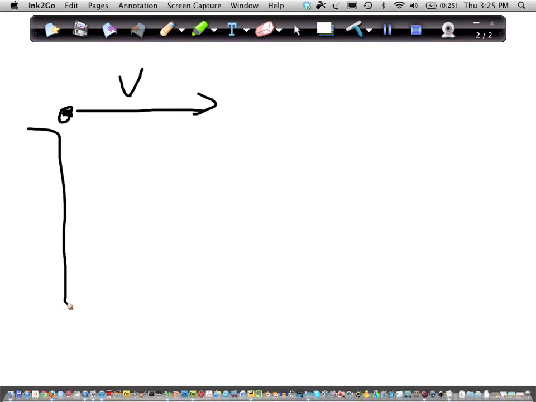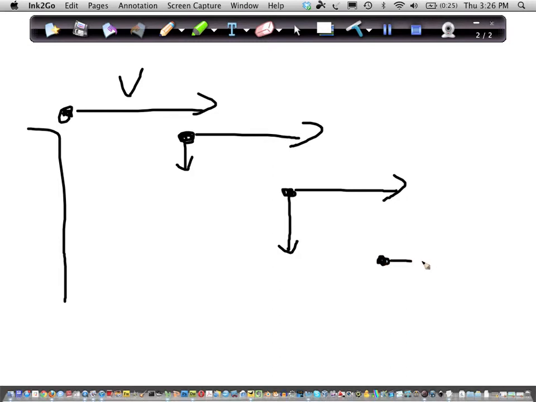As they leave the cliff, they still have the velocity in that direction, and they're starting to gain velocity. As we draw these dots, the velocity in the horizontal direction is staying the same, and the velocity in the vertical direction is growing.